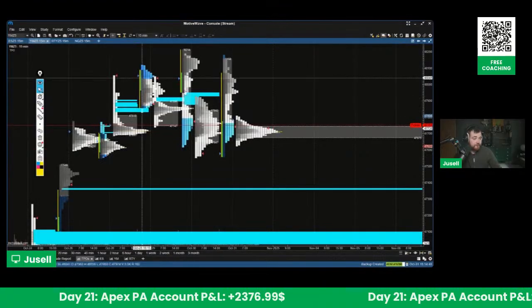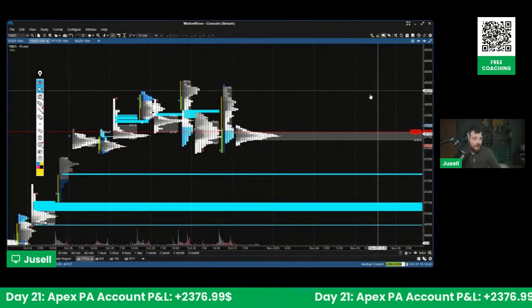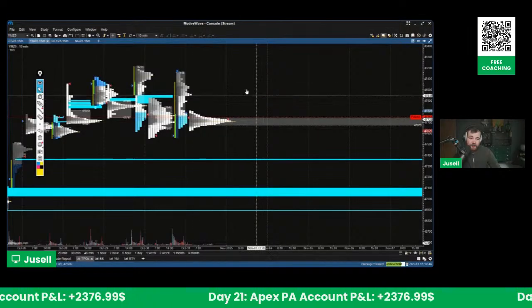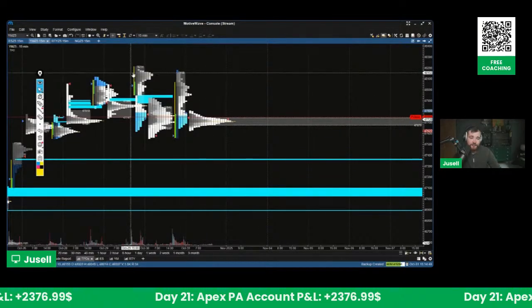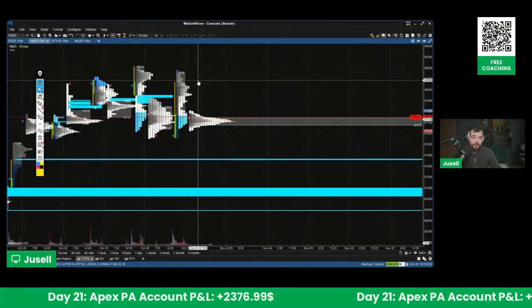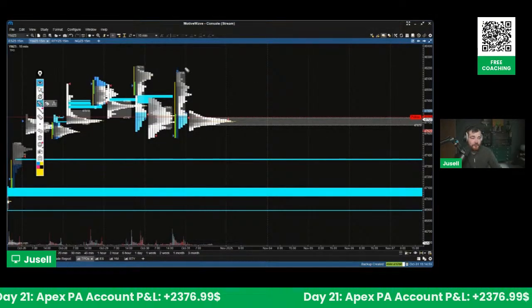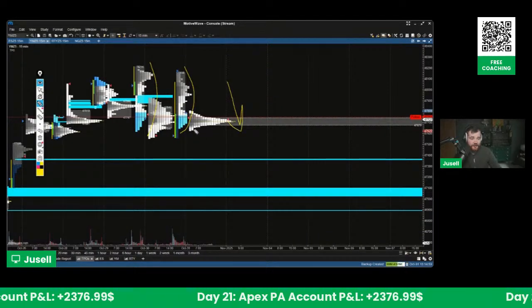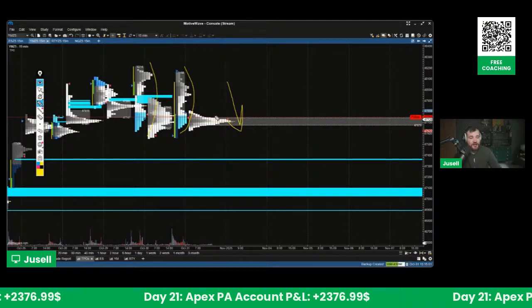Let's look at YM. YM is a little bit different. We are still trading inside of the previous balance, but we have two closes now outside of value in YM. So it looks like it wants to go downwards, which is kind of interesting. The previous close is above.